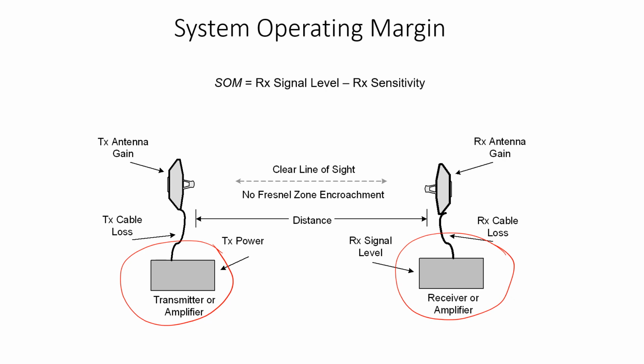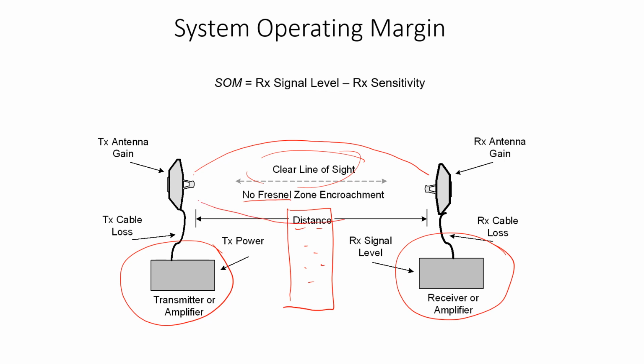We've got a clear line of sight between the two antennas, and we've also got no Fresnel zone encroachment, which is a very important thing. That means there are no buildings in between which might encroach into the Fresnel zone, a zone around these two devices. So we're assuming that the Fresnel zone is not encroached upon.